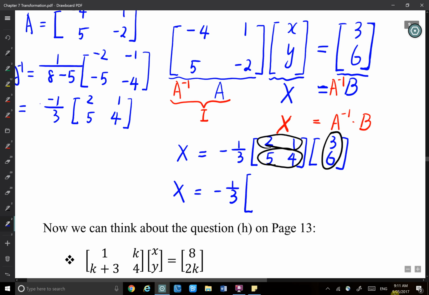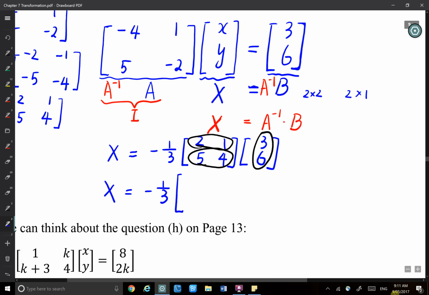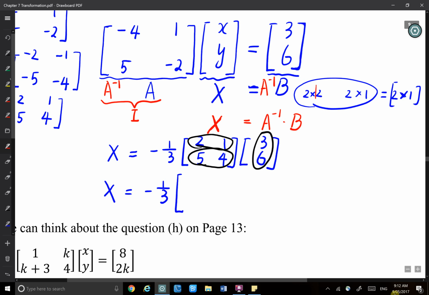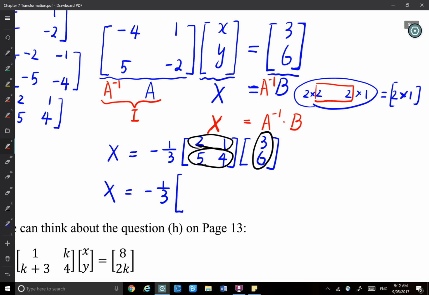This is a 2 times 2 matrix times a 2 times 1 matrix. Because those two are the same, what you're left with is 2 times 1. That will give you a 2 times 1 matrix.